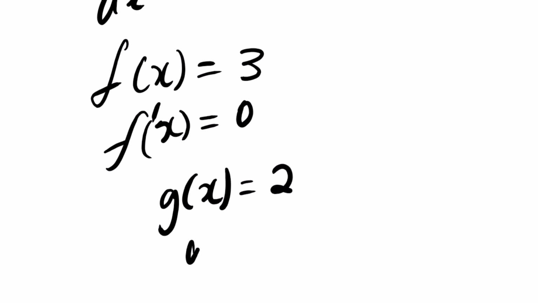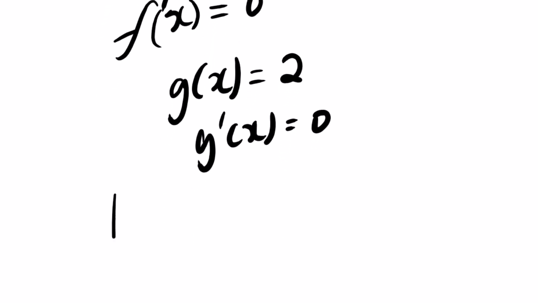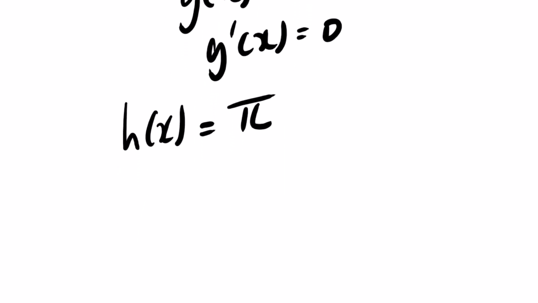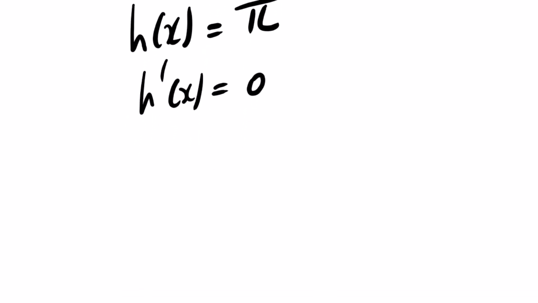The derivative of 2 is equal to 0. The derivative of pi, remember pi is a constant, is equal to 0. The derivative of negative 1 is equal to 0. So that is rule number 2, which states that the derivative of a constant is equal to 0.